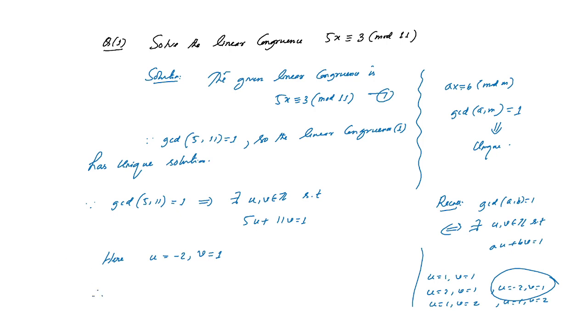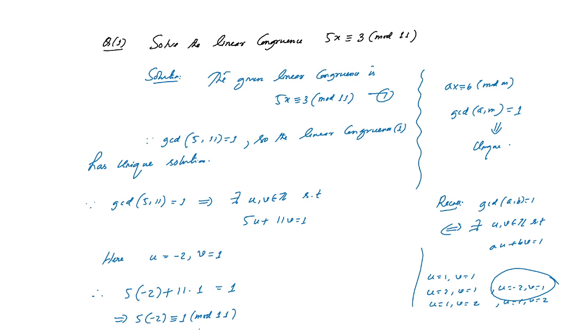So how can we write this? Therefore 5 into minus 2 plus 11 times v, where v is 1, equals 1. Taking mod 11 on both sides, 5 into minus 2, and the 11 term becomes 0, is congruent to 1 mod 11.